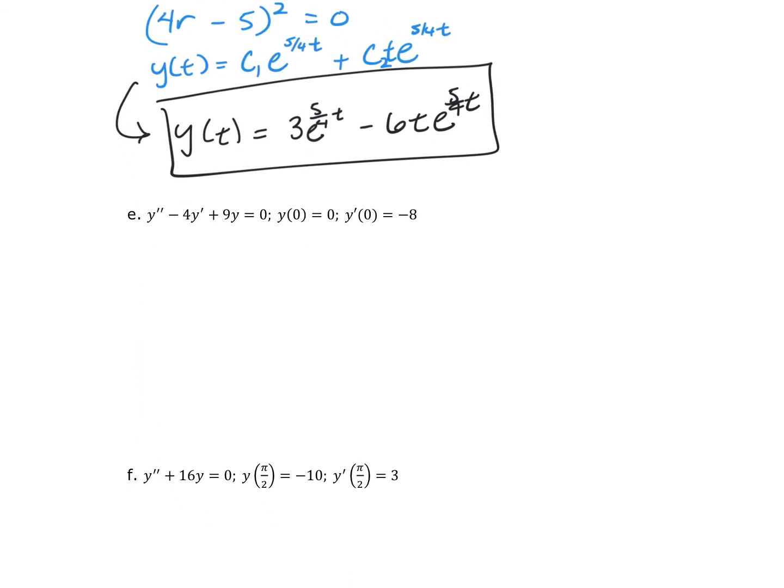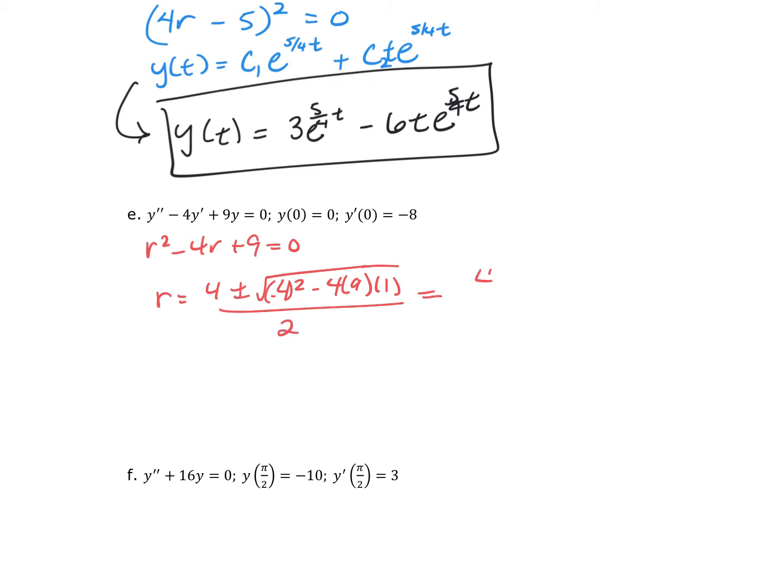Let's take a look at our next example here. My characteristic polynomial is r squared minus 4r plus 9 is equal to 0. Now this is one I can't factor off the top of my head, so I'm going to throw this in the quadratic formula. r is equal to 4 plus or minus the square root of negative 4 squared minus 4 multiplied by 9 multiplied by 1, all over 2.